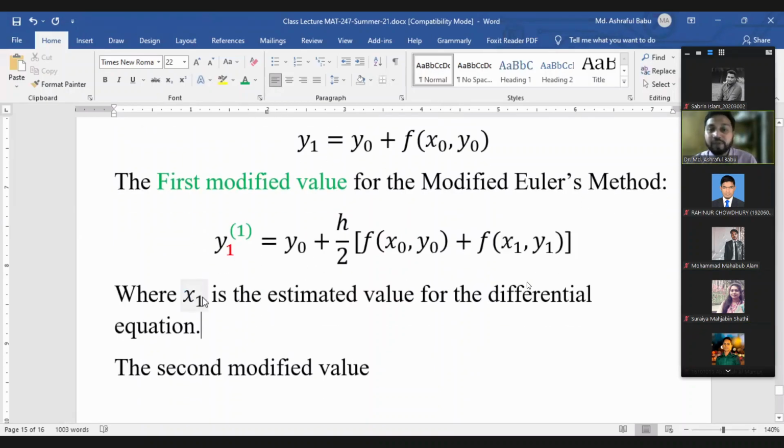That means this value will be given. This value also will be given. So you do not have to worry about this one.